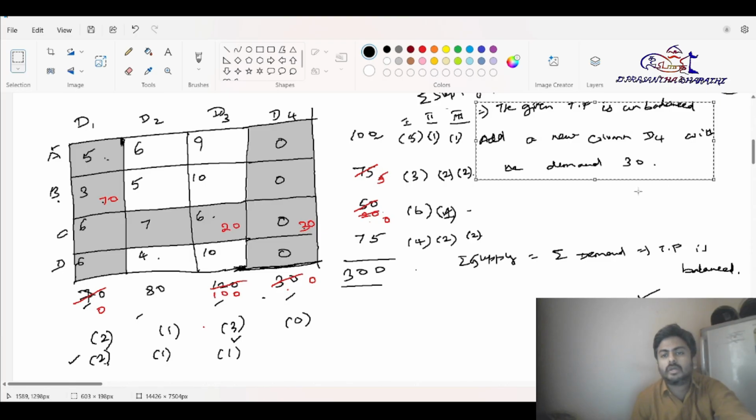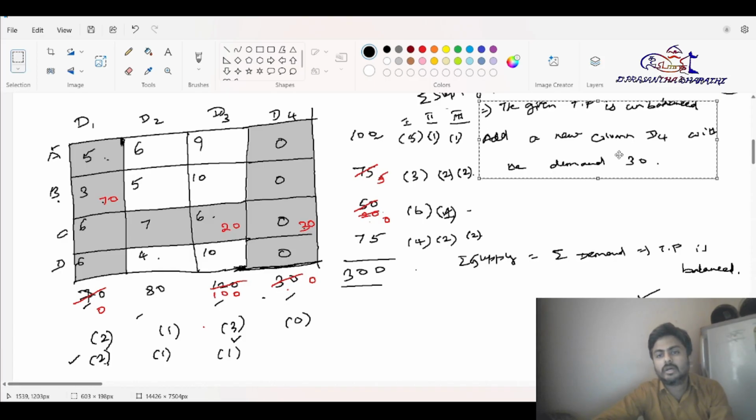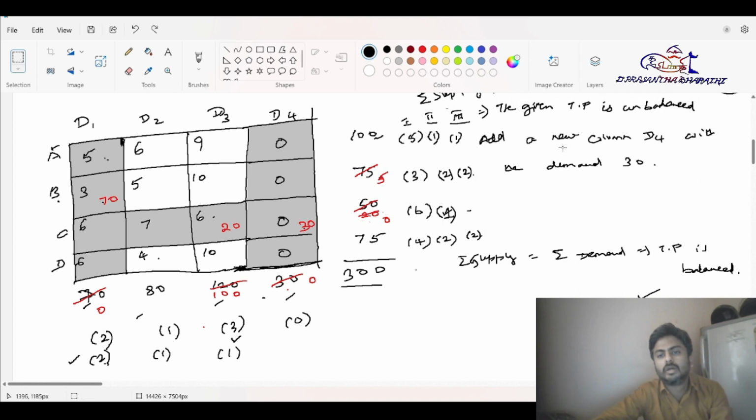Let me move this thing a little to the right side. Here I am going to use it for the fourth iteration. Here the difference between 6 and 9 is 3.